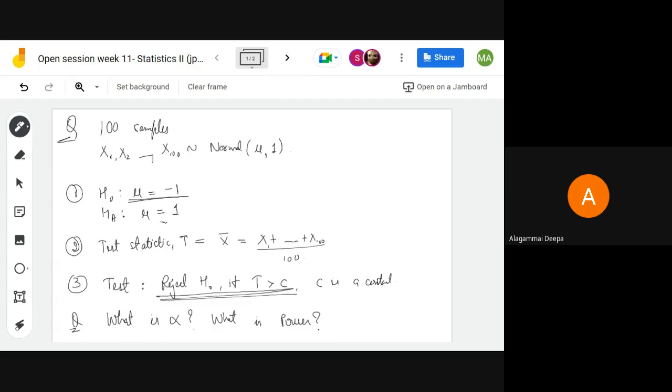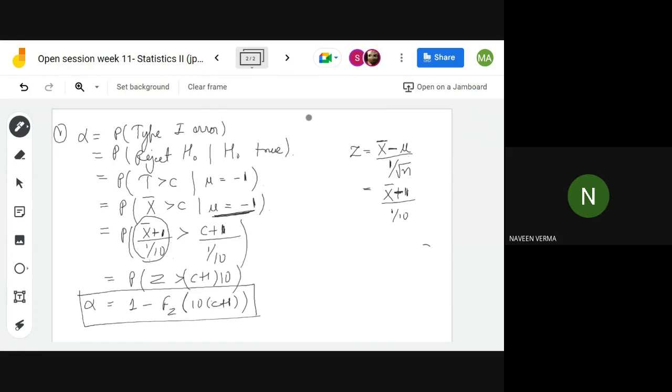Last line: in tests, reject H0 if T is greater than C. C is a constant. This problem is already there in the lecture, so you don't have to write it.